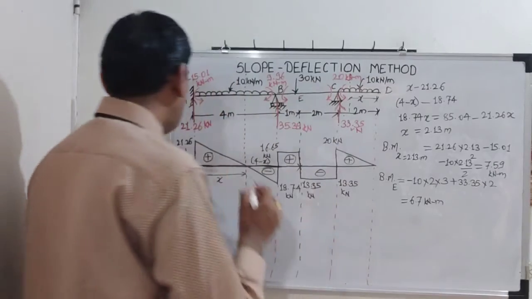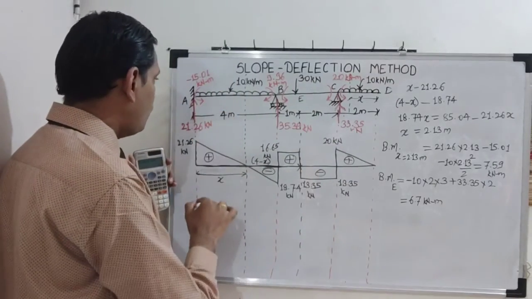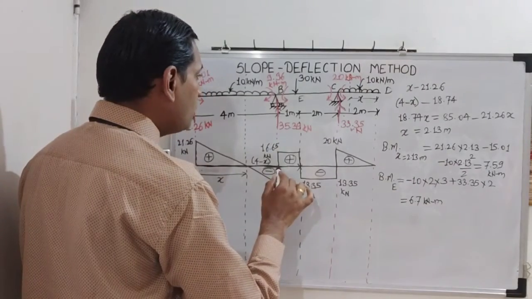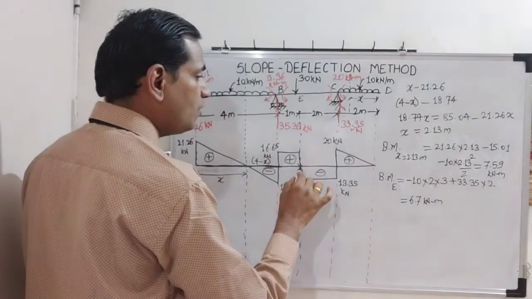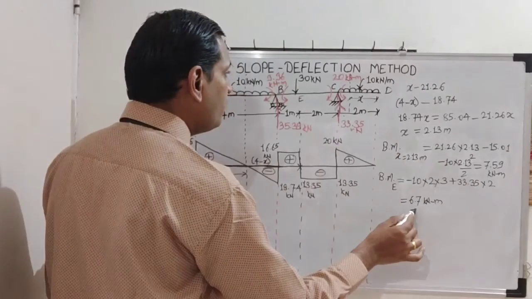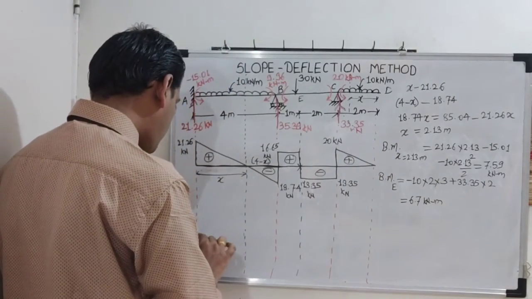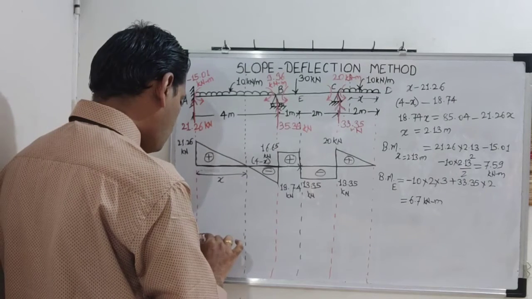So please see, on this location we have the moment value. Here we have got 7.59. Here we have 9.96. Here we have just now got 6.7. Here we have 20. Here is 0. So now we will plot the bending moment diagram.